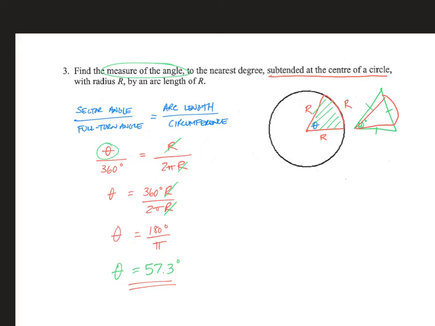So for any circle, if we ever want to find out what angle creates an arc length that is equal to its radius, then what we end up having is approximately 57 degrees. That is a very meaningful property to us.